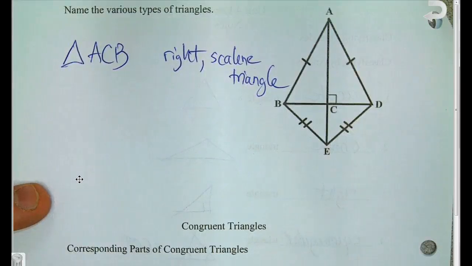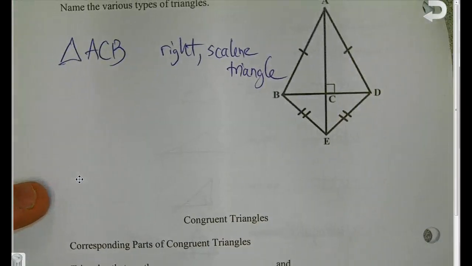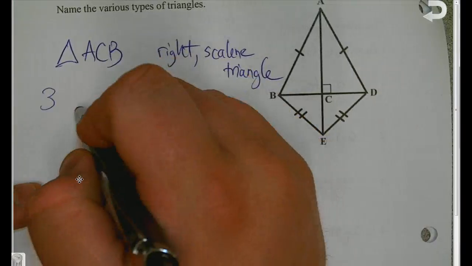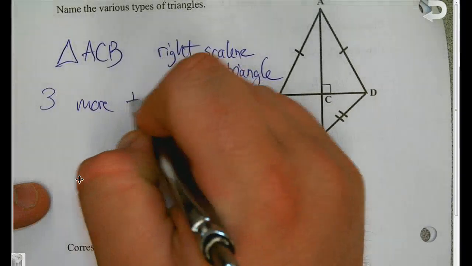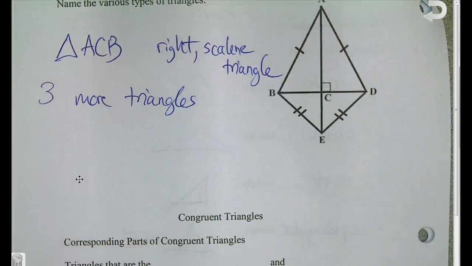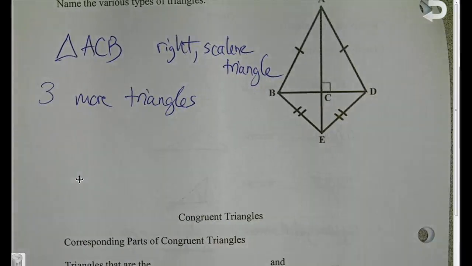So what I want you to do now is pause the video, and in your notes name 3 more triangles in this picture. When I come around and look at your notes, I'll be looking for 3 more triangles that you've correctly named in the picture.